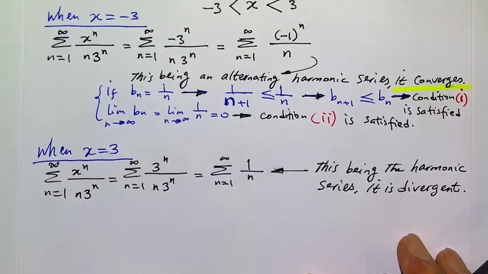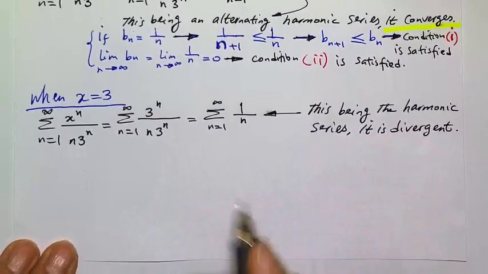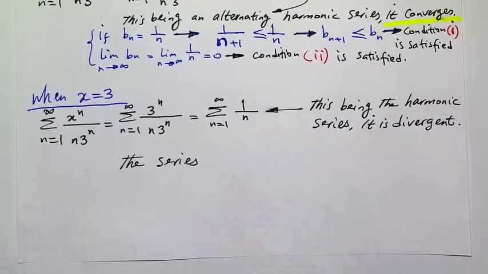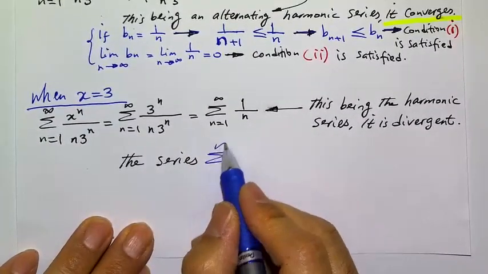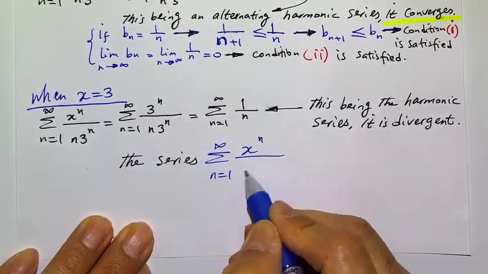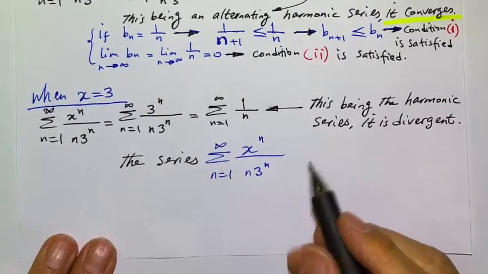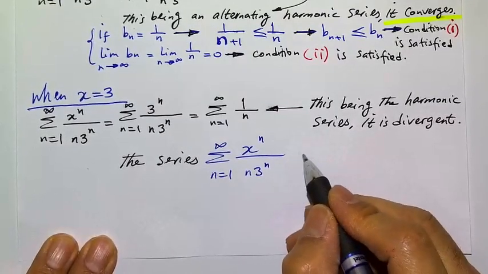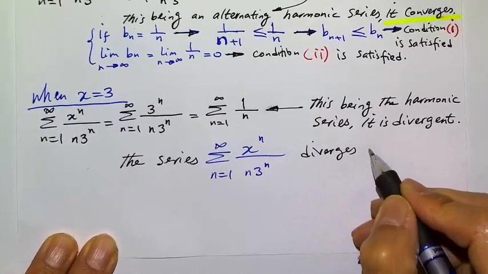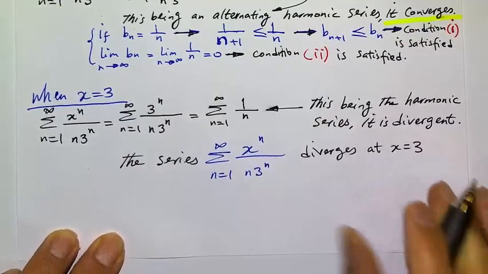So let's wrap this up in a final conclusion. Let's see, diverges at x equals 3.